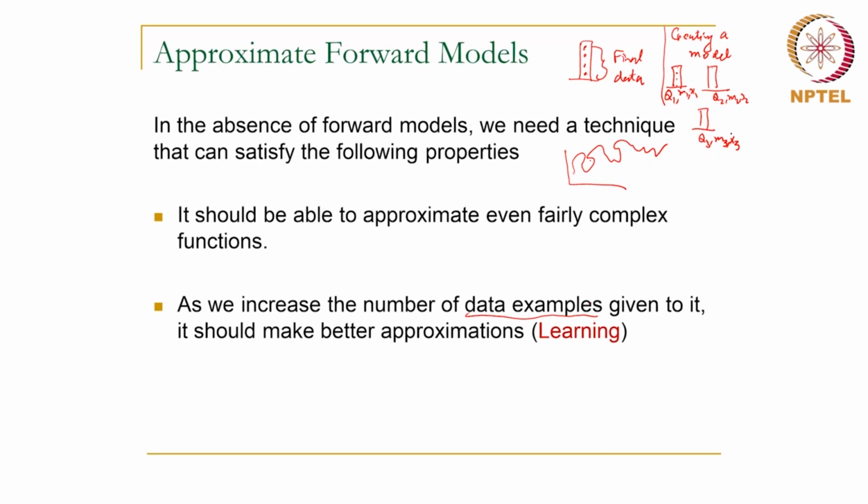Again, to give you a monsoon example, or a very simplified example, suppose you have temperature and humidity over the last 10 years, and you also know all the rainfall data. Then given the temperature and humidity over the last month, can you predict rainfall for this month? Something of that sort. So this is what is meant by a data example.